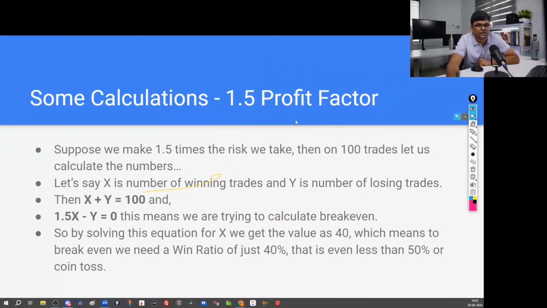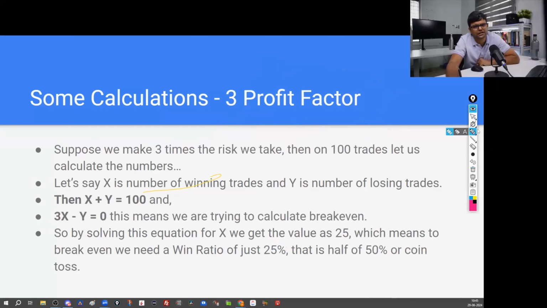All right. Let us take another example. Let us take a good example like a 3x profit factor. Now the same equations, X plus Y is equal to 100, we take 100 trades, but now we are making 3 times when we win and just losing 1 when we are in a loss. If you solve this, you get an answer for X as 25.